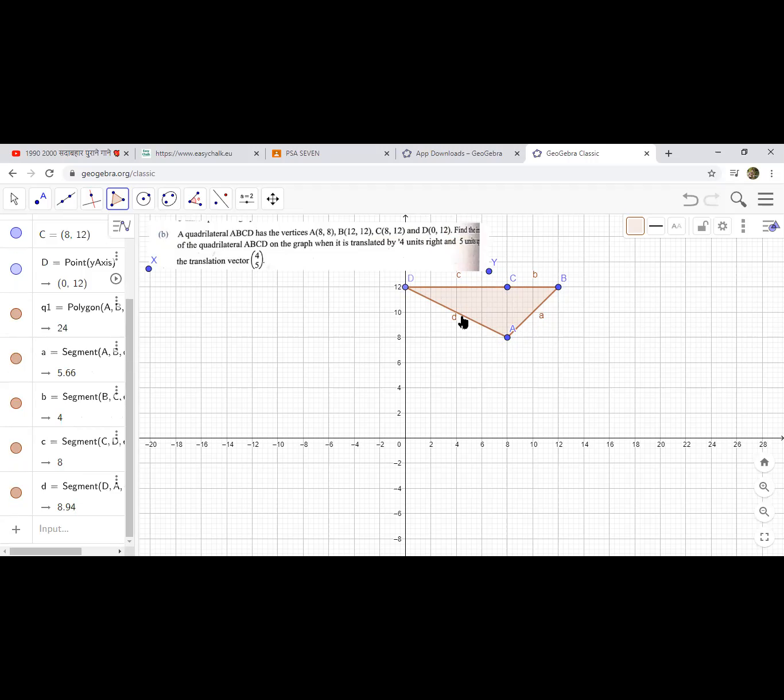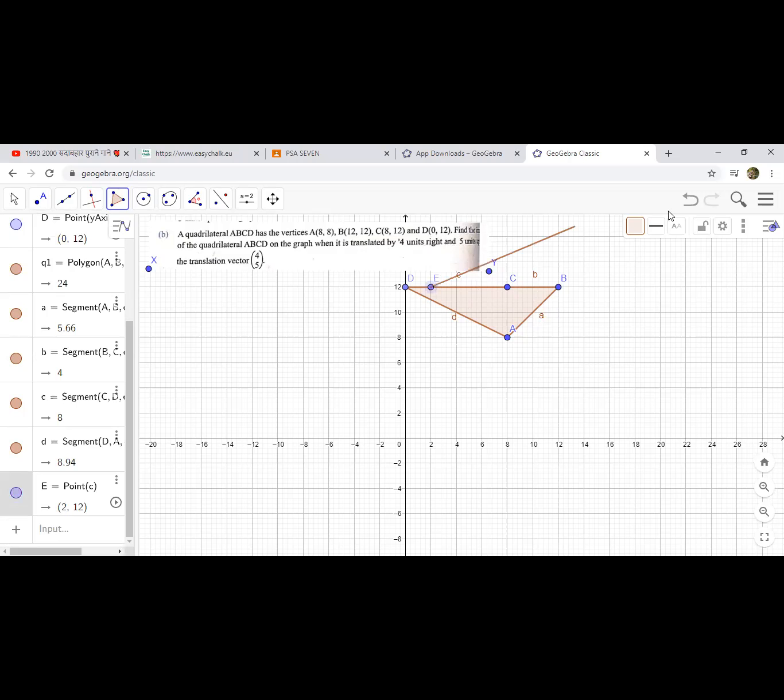Please count. 4 sides. It has 4 sides, but it looks like it has 3 sides. Triangle. One side is here and the next side lies on the same line, so it looks like a triangle, but it is a quadrilateral.